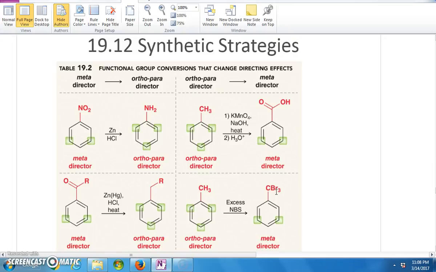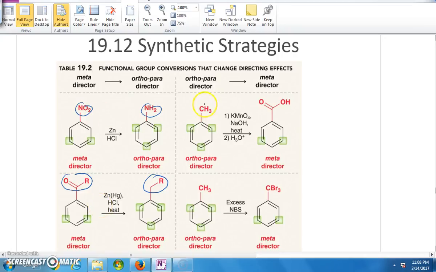Now, you can also have a meta director that is converted to an ortho-para director. You can have a meta director which is an acyl group converted to an alkyl group, which is an ortho-para director.